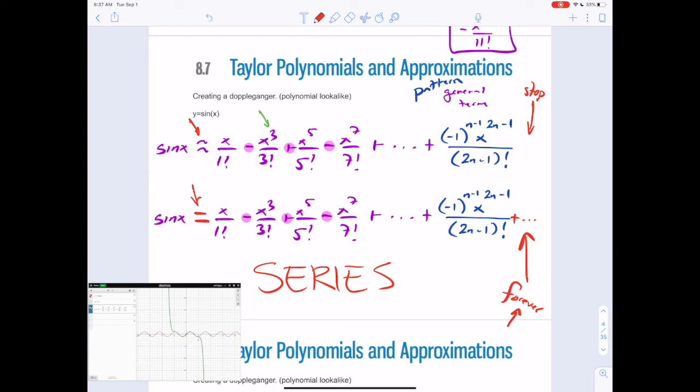Now, why is this important? Okay, if you guys think about your calculator, right? That sine button. What is so magical about this sine button that it calculates everything for you? The calculator is only programmed to do 4 things. It knows numbers, and it knows how to add, subtract, multiply, and divide. That's all it knows how to do.